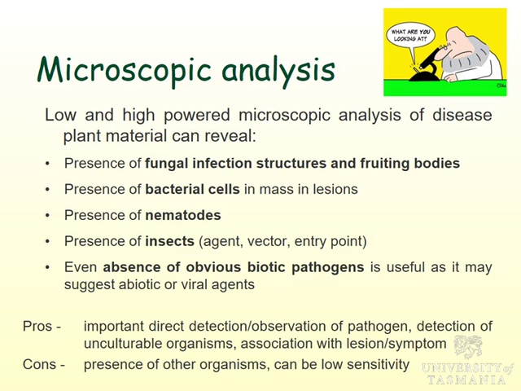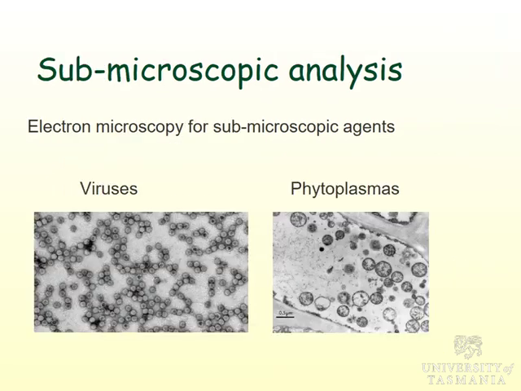It's also relatively low sensitivity, so it depends on your capacity to find the stuff versus some of these more sensitive tests we're going to talk about in a minute. So, it is important. It has some limitations.